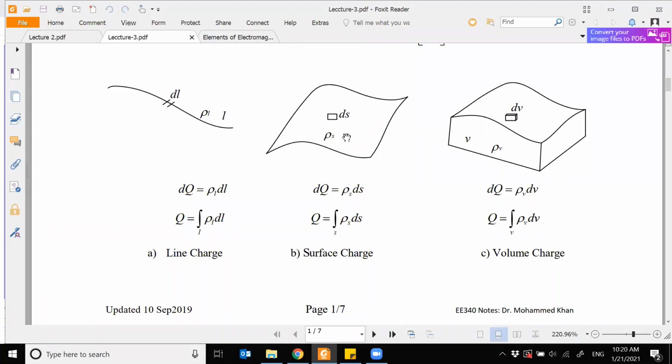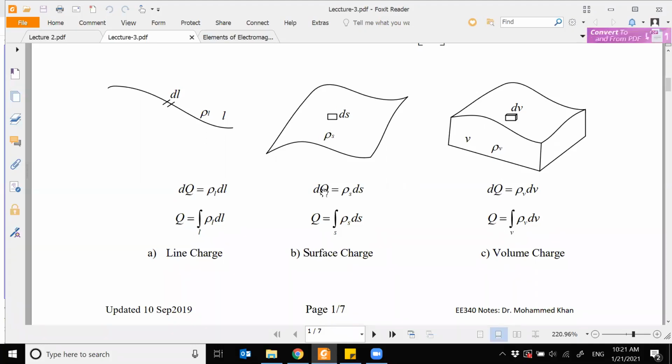Similarly, you can get it for a surface. Suppose this is a sheet. An example is a very thin metallic sheet which is filled with charges, a charged sheet. That is an example of a surface charge distribution.